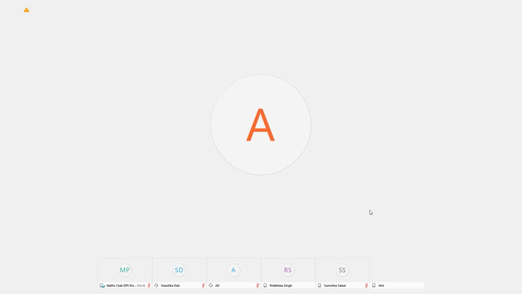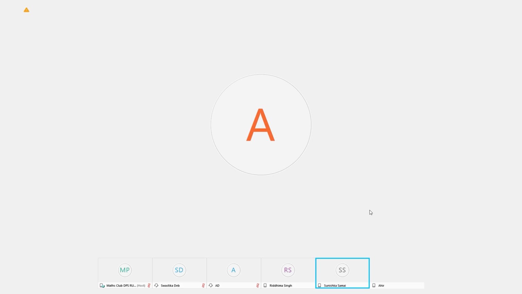So let me know when you've gone through the problem and we can start solving. Screen is hazy. You can't see my screen.